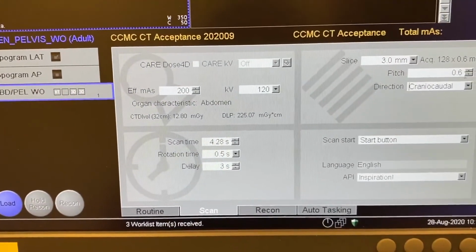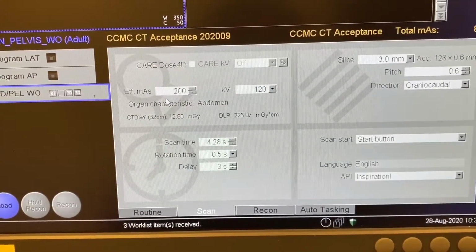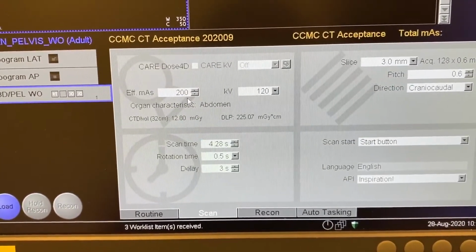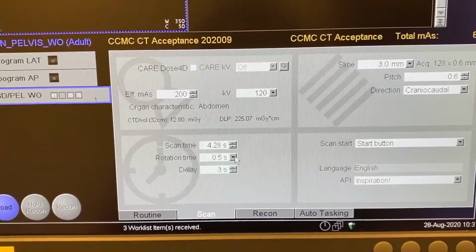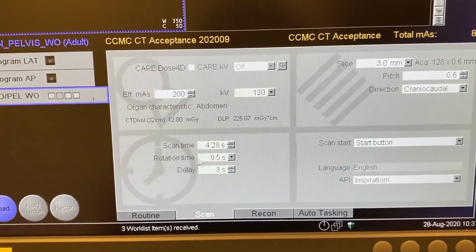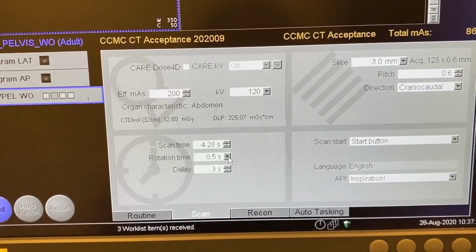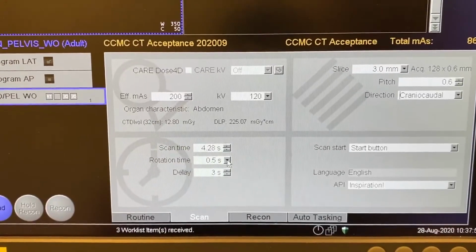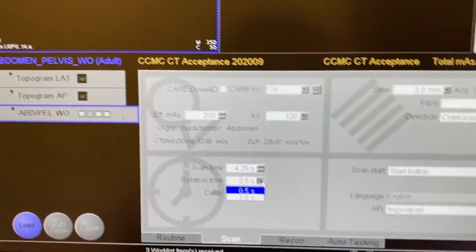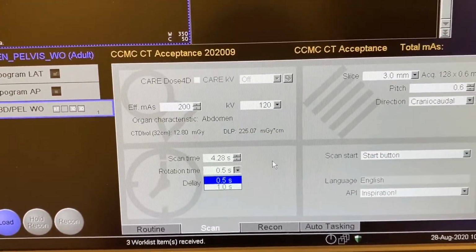In this case, you can actually try to calculate the actual mAs. Another parameter is the rotation time. Here by default it is 0.5, and I want to keep it here. You can actually change it to 1 or whatever.